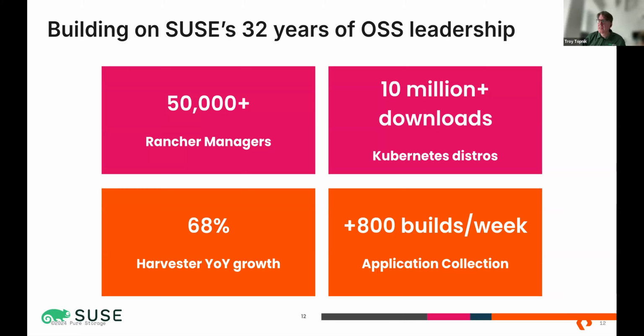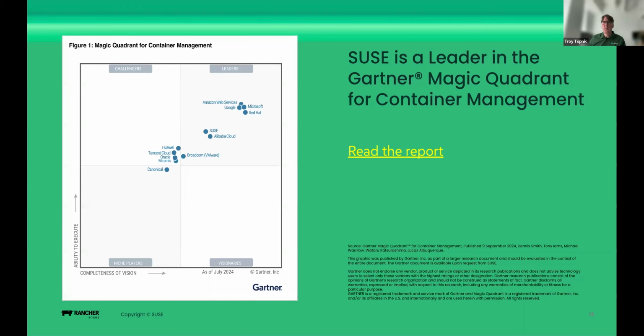And more recently, in addition to our suite, is something called Application Collection, which is a curated, trustable, verifiable platform for distributing popular open source applications for Kubernetes, Helm charts, and their requisite containers. And we have built a tremendous infrastructure, very similar to what we had developed for SUSE Linux Enterprise. And we're cranking out 800 or more builds a week as we grow that collection of applications, making sure that our customers are up to date.